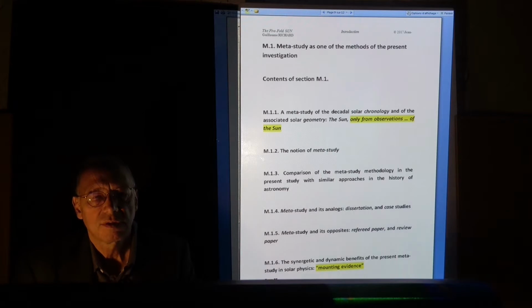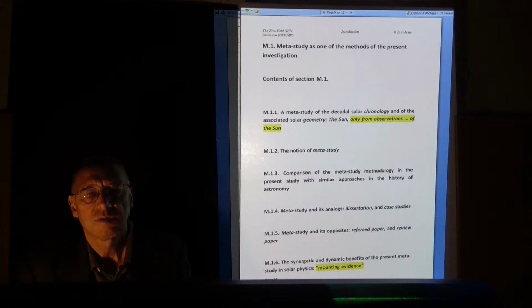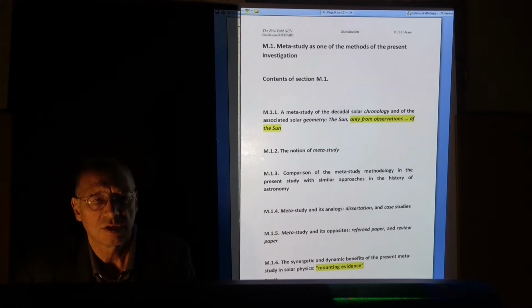So I restrict the set of the meta-study to only observations of the Sun and exclude anything that is geocentric or that is geophysical.